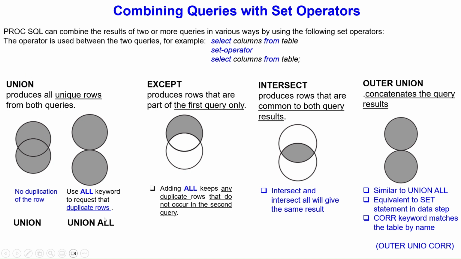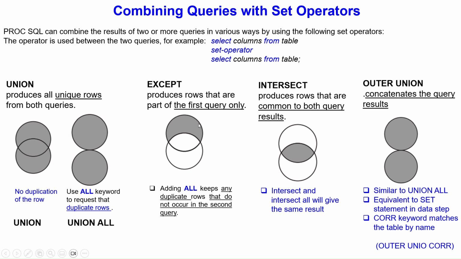But if you add the ALL keyword with union, it requests the duplicate rows, so it will include all the duplicate rows as well. Union all is equivalent to the set statement in data step programming.